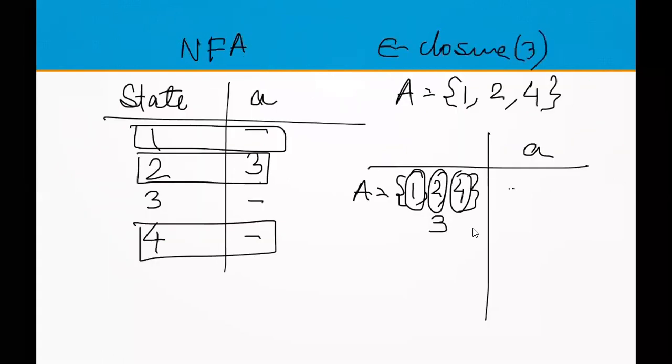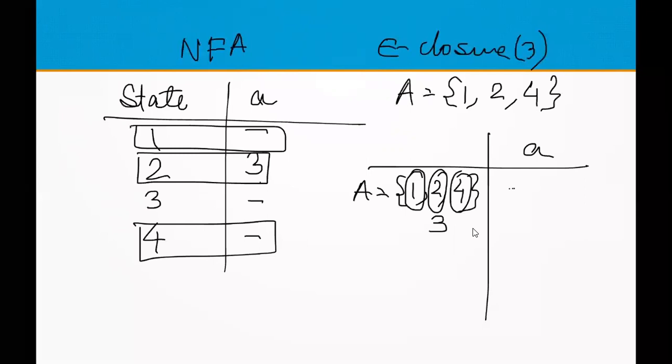So we will write it here, 2, 3, and 4. So epsilon closure of this would be 2, 3, and 4. So this will be the DFA transition on the start state A. That is 2, 3, and 4.